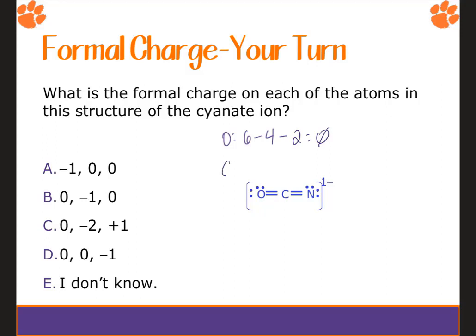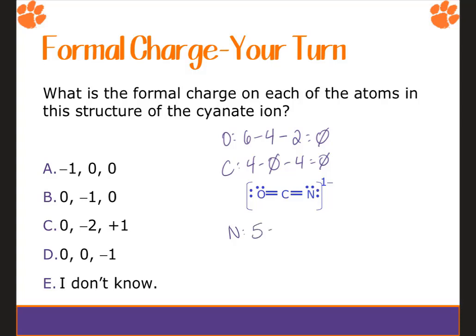If we go to the carbon, carbon again has 4 valence electrons on the periodic table. In this structure, it has 0 lone pair electrons, so we just subtract 0. And then it has 1, 2, 3, 4 bonds coming off of it. So that guy's 0 as well. Finally, we have our nitrogen.